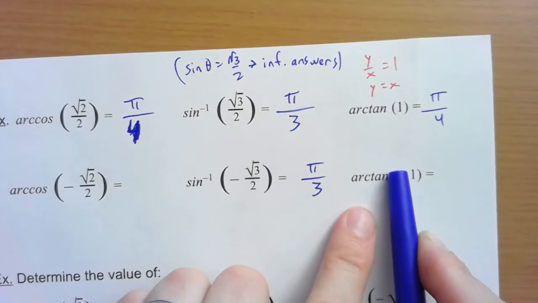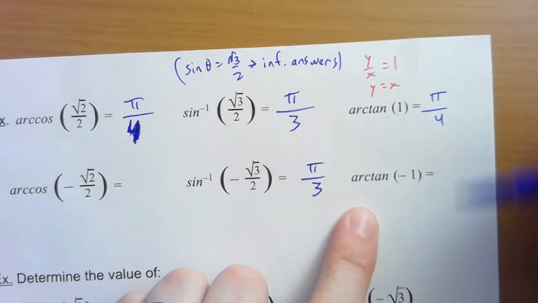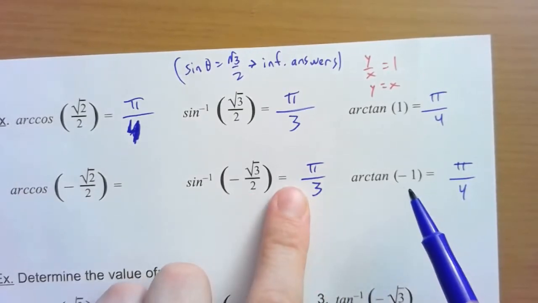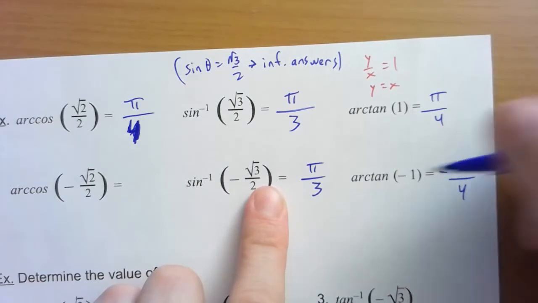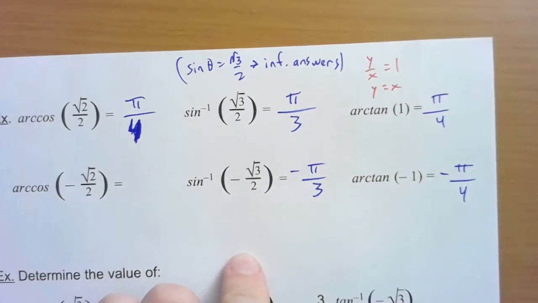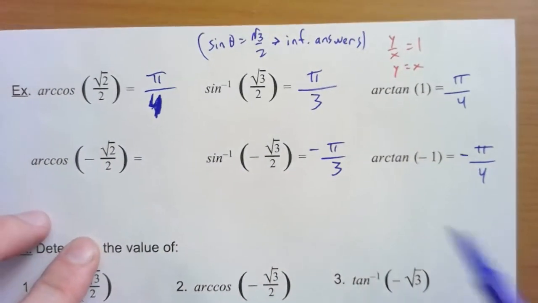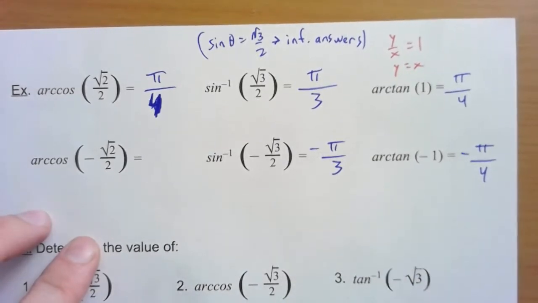When we want the tangent to be 1, it has to be some sort of pi over 4. Then the question is, which one? For both of these, it's super easy. Inverse sine, inverse tangent, just stick a negative on it. That's it. You don't have to write out a bunch of possibilities and think through it. That was just to show you the idea. Inverse sine, inverse tangent, just stick a negative on it.